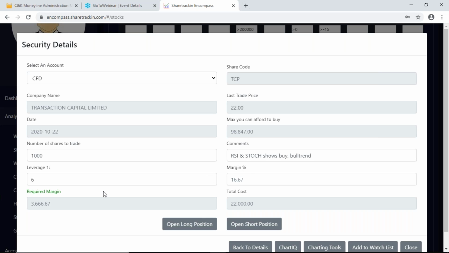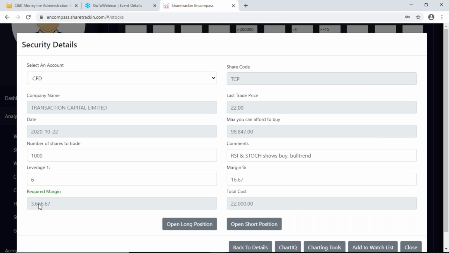The margin we don't have to stress too much about. That just tells you more or less the percentage that you pay of the total amount. So margin required, that is the actual amount that you need. Because we only pay a fraction of the price, remember our ratio is 1-to-6.